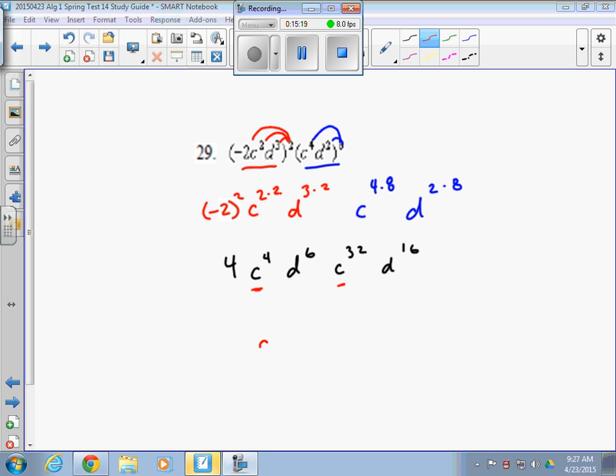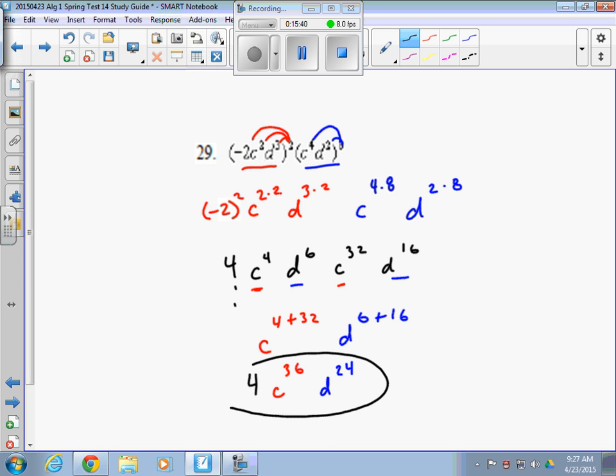C's are the same bases, so you have C to the 4 plus 32, which is C to the 36. And your D's are the same bases. D to the 6 plus 16 is D to the 24th. And all you have to do is bring down your 4. So you're left with 4 C to the 36, D to the 24th.